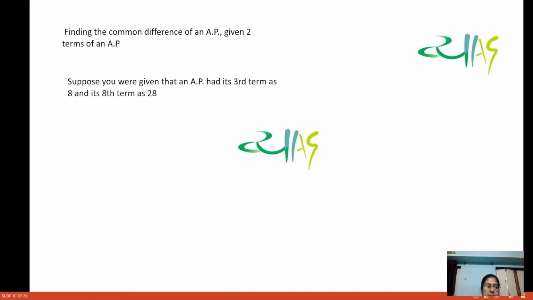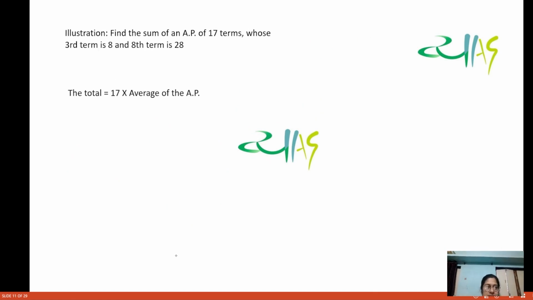No, now we are aptitude students, we can do things faster. Okay, so now it is saying find the sum of an AP of 17 terms whose third term is 8 and eighth term is 28.